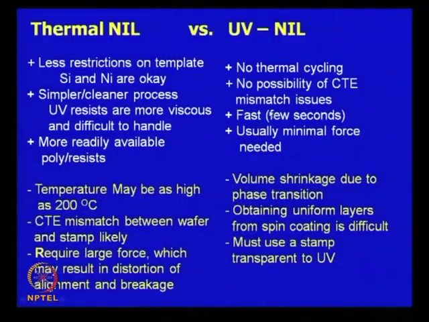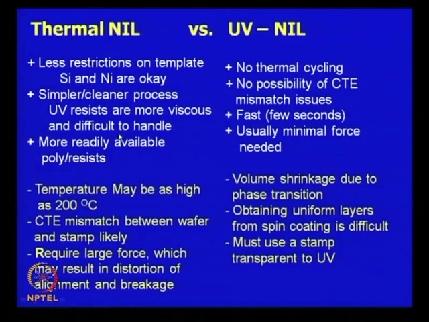It is much faster. It requires just a couple of seconds or a few seconds, because you have the UV curable resist layer or the UV curable polymer layer, which itself is in the liquid state.